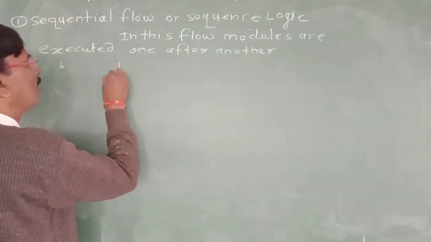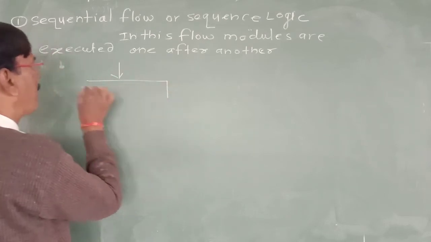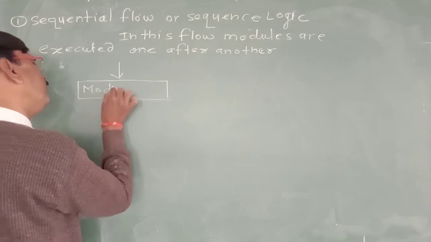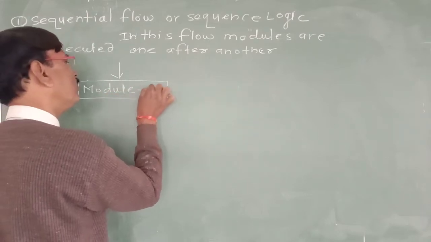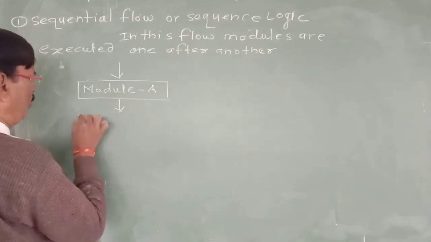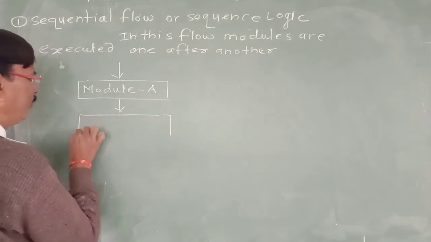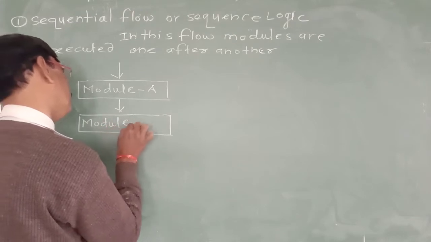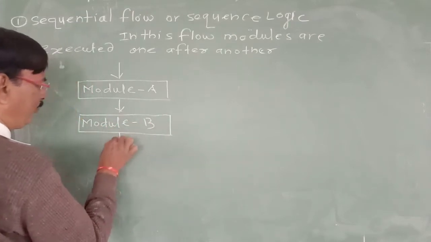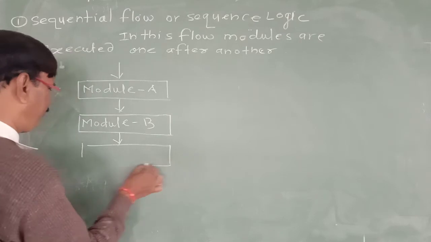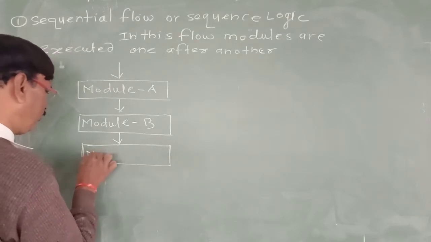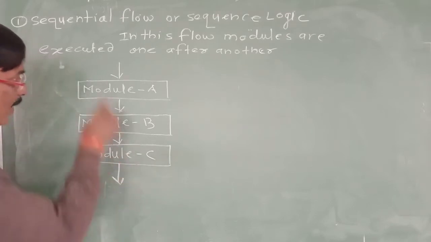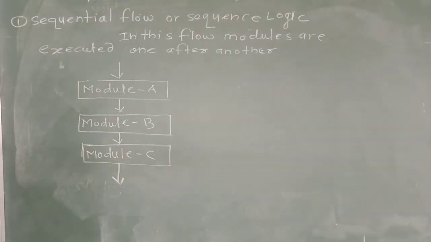That is like this: module 1, module A1, whatever, module 2, that is B, module C, and like this. So, sequential logic.